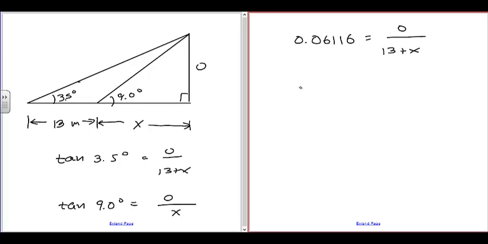And then we have the tangent of 9 degrees, which is 0.1584. That's opposite over x. And what we're going to have is two equations and two unknowns, but we can use substitution. So if we multiply both sides of this equation by x, you'll get 0.1584 x equals the opposite length.